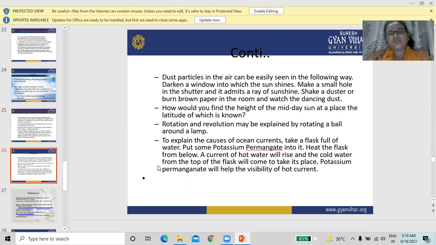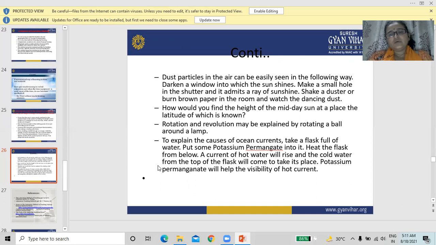Rotation and revolution may be explained by rotating a ball around a lamp. To explain the causes of ocean currents, take a flask full of water, put some potassium permanganate into it and heat the flask from below.